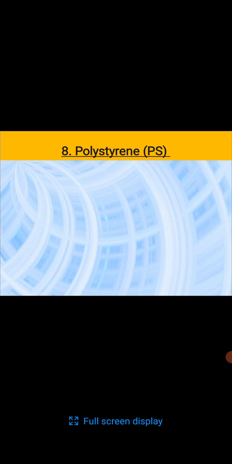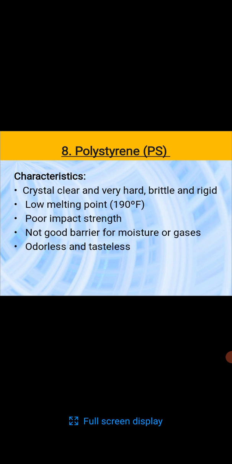Number 8 is the polystyrene type, characterized by being crystal clear and very hard, brittle and rigid, with a low melting point, poor impact strength, not a good barrier for moisture or gases, odorless and tasteless.